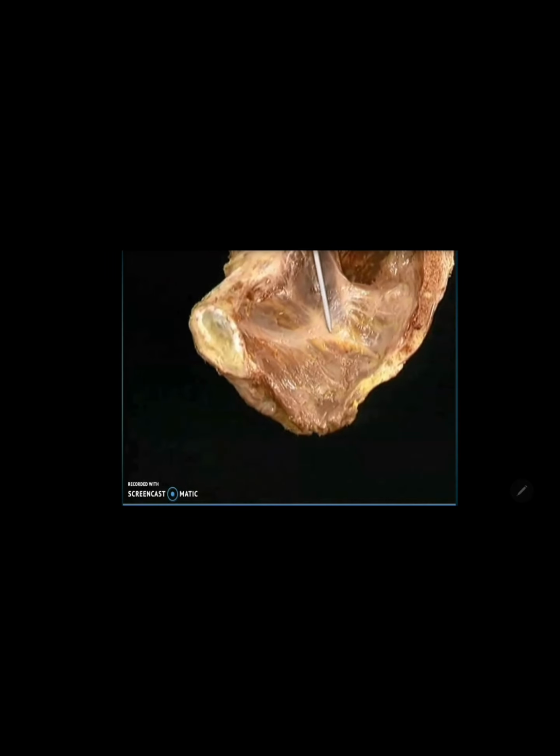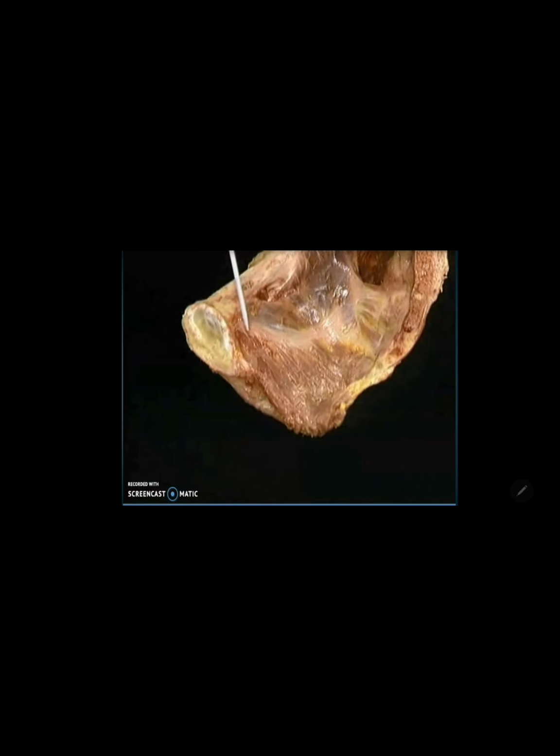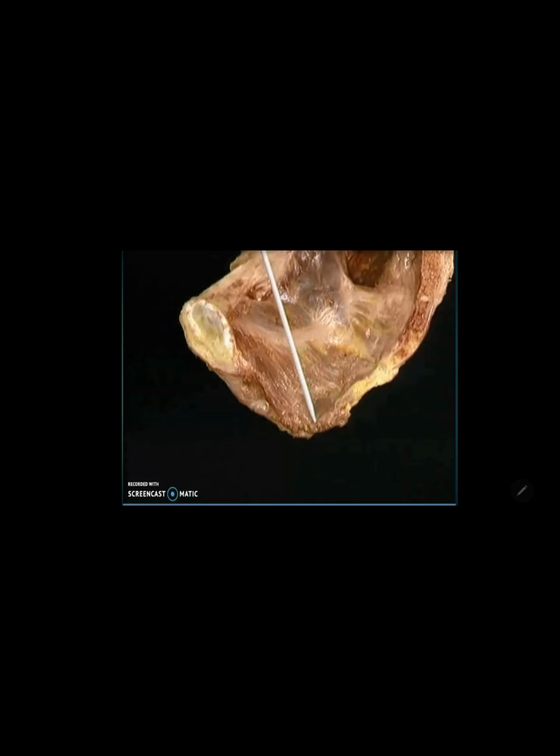That is the extent of the levator, and see how the pubococcygeus and iliococcygeus take origin from the white tendinous arch. You can see the direction of the fibers, and they meet in the midline with the opposite fibers to form a midline raphe.